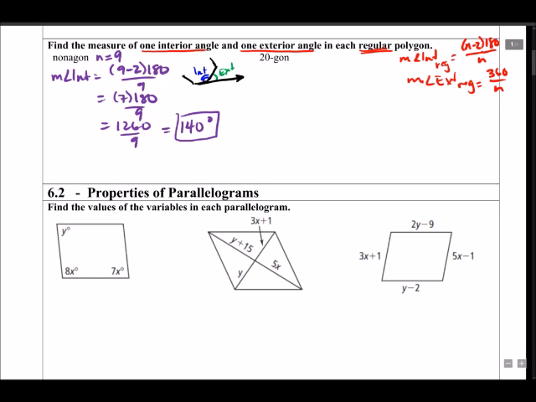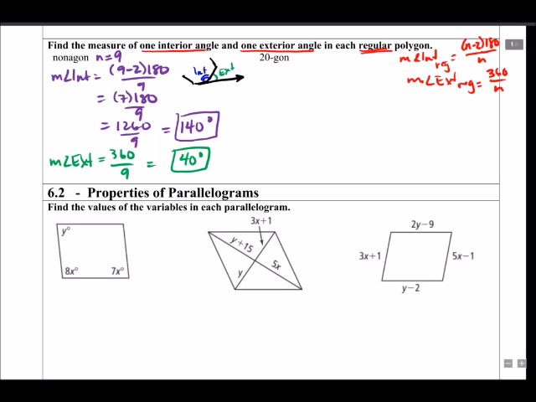If we know the interior angle is 140, what's the exterior angle going to be? That's right, it's going to be 40. But we also have a formula. The measure of our exterior angle of our regular polygon is 360 divided by the number of sides, divided by 9, equals 40 degrees. So if you remember that it's a linear pair, it's straightforward, it's easy. Or you can use your formulas.